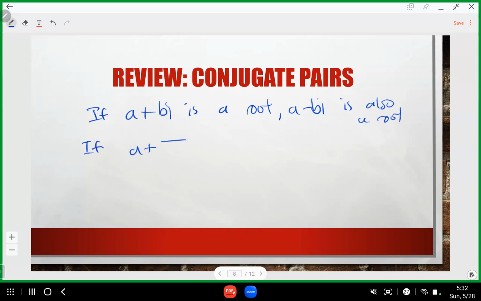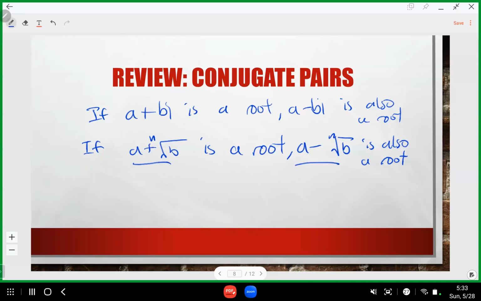If a plus square root of b, or nth root of b, is a root, a minus nth root of b is also a root. So this applies to irrational numbers like such and complex numbers like such.